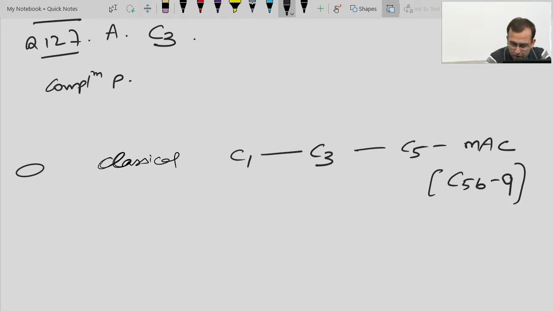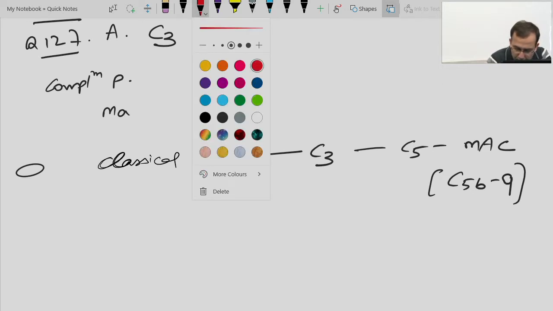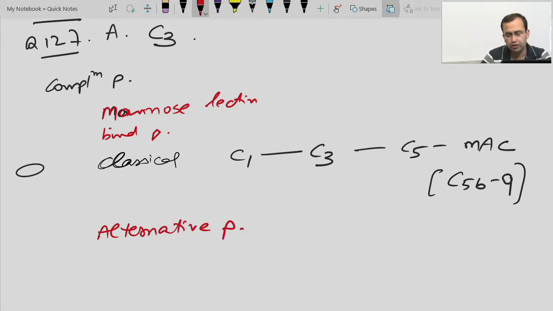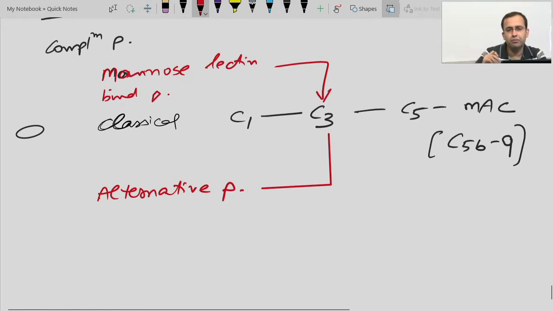The other two are the mannose-lectin binding pathway and the alternative pathway, which converge directly on C3. So what is the common connecting link?